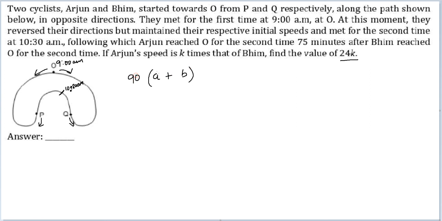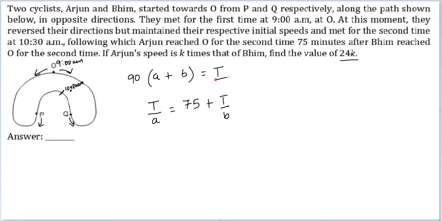In 90 minutes, they have traveled full track length, and also the time taken by Arjun to cover the entire track length at his speed is 75 minutes more than time taken by Bhim to cover the entire track length. This is what is known to us.